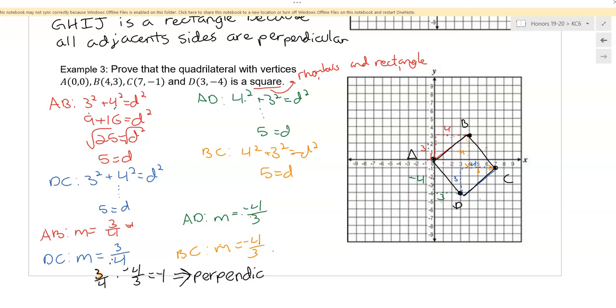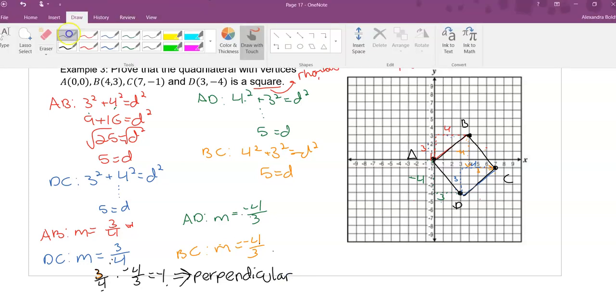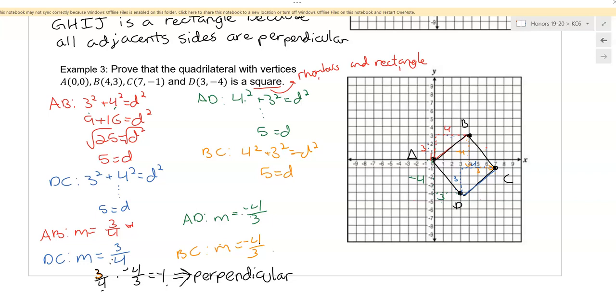They'll always be this multiplication, and that does equal -1, so they are perpendicular. Fabulous. We're done.